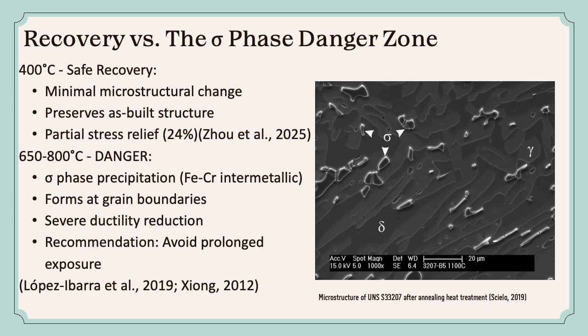In this range, the brittle iron-chromium intermetallic compound called sigma phase may precipitate, especially around the grain boundaries. The formation of sigma phase can significantly reduce the ductility and negatively affect the material performance. Therefore, prolonged exposure within this temperature range is generally avoided during the heat treatment.